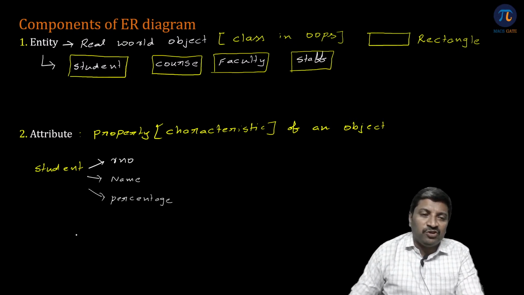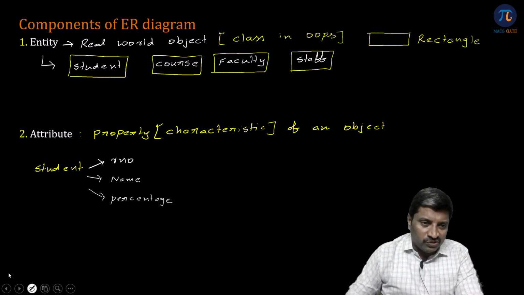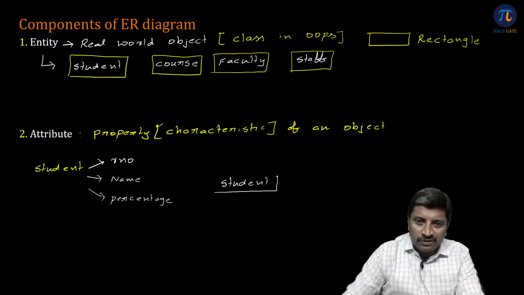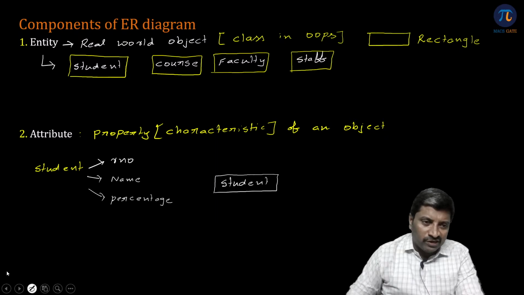So whenever it is an attribute, how to represent it in ER diagrams? Generally all the attributes are related with a particular entity or object. So this is my student. For this student, how many are you considering, sir?